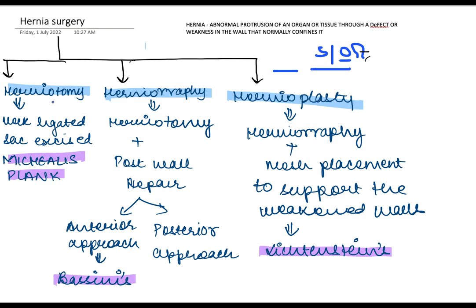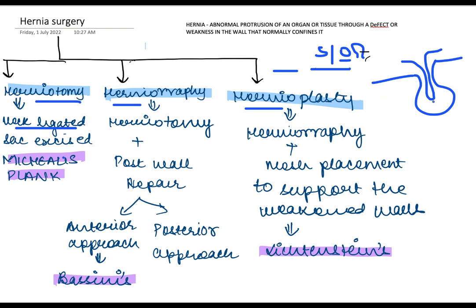Now, what are the types of surgeries? The topic of today is the different types of surgeries: herniotomy, herniorrhaphy and hernioplasty. Herniotomy is the simplest and easiest surgery, where the neck of the sac is ligated. Any sac will have intestine in it, right? This is your intestine.